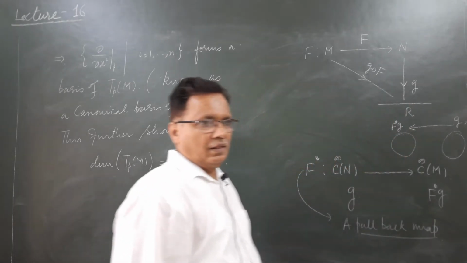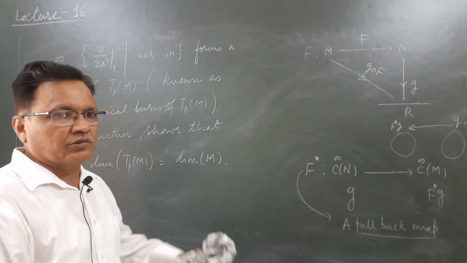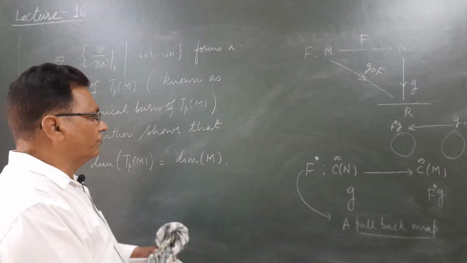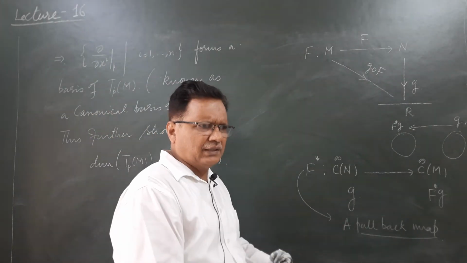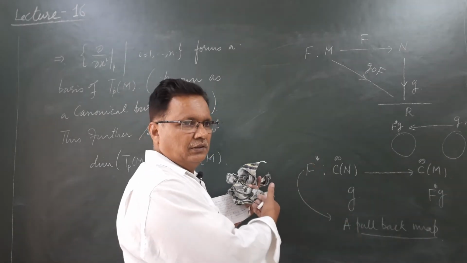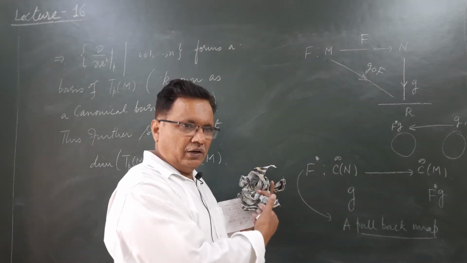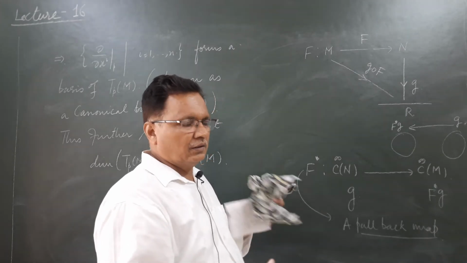So for every g on N, we can always find a corresponding function on M also. So functions can be pulled back, and not just functions, there are other objects also you can pull back onto the first manifold. So does it depend on whether F is onto or not? Does it matter? No, it doesn't.